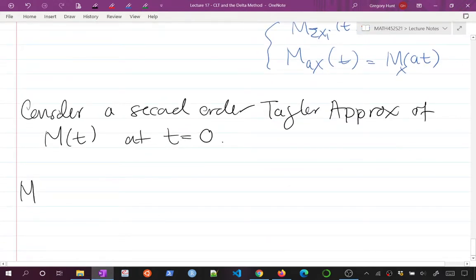The second order Taylor approximation of M says that M of t should be equal to M of 0.